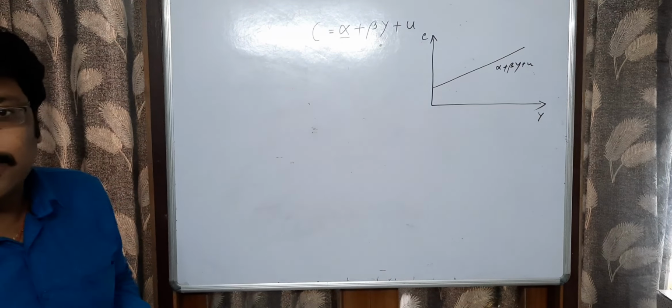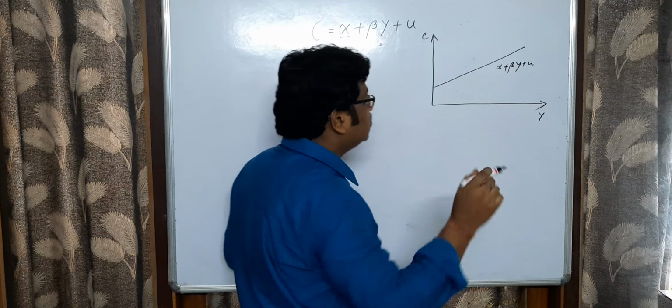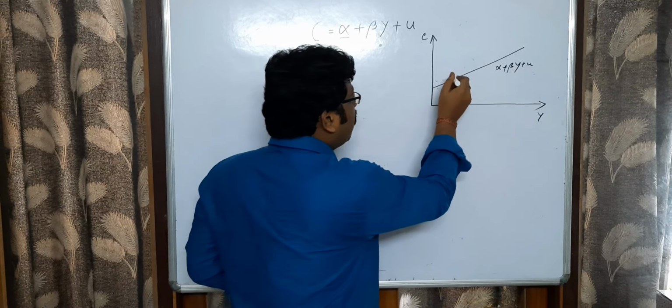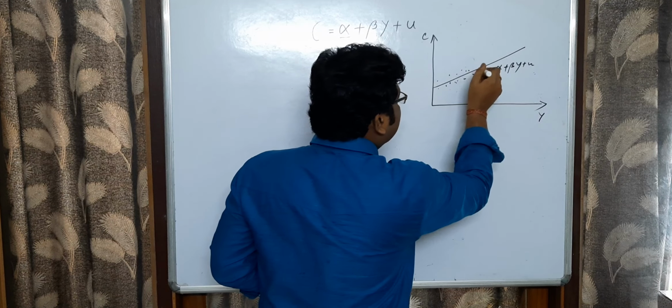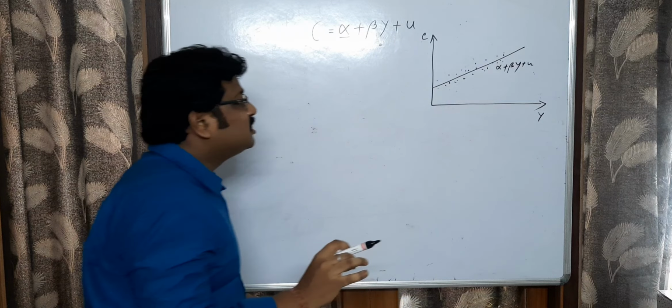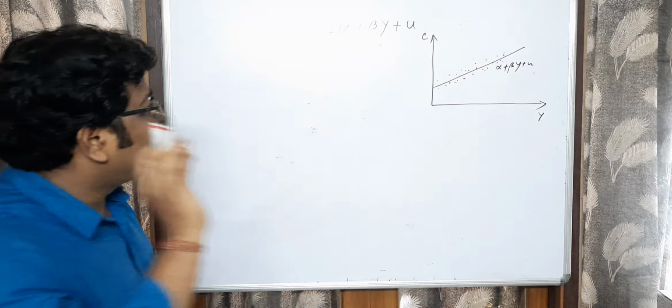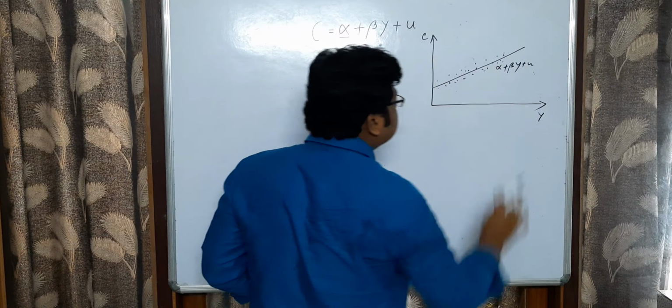This is the regression line, because with consumption and income, two variables, there are so many points, and this line represents such a line which is a good fit among these points.